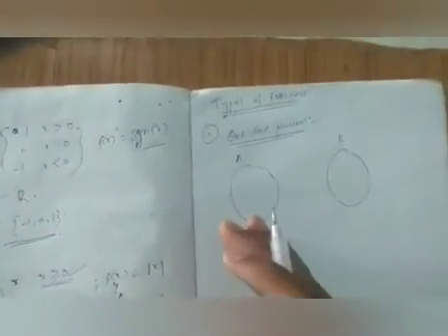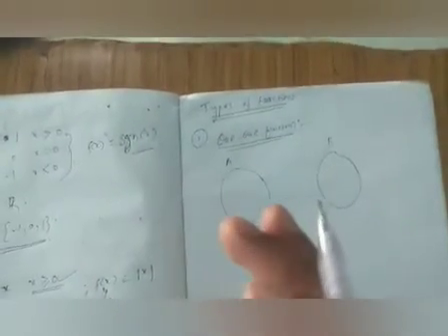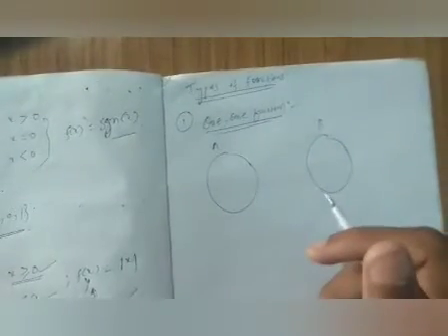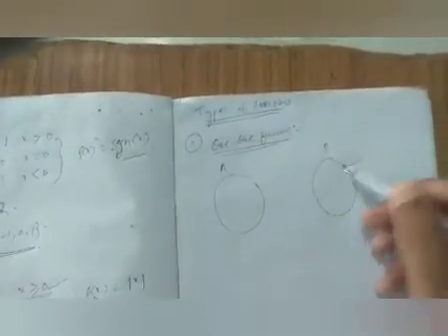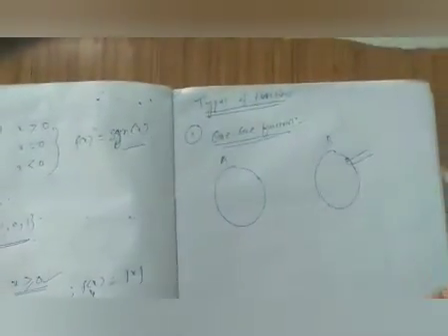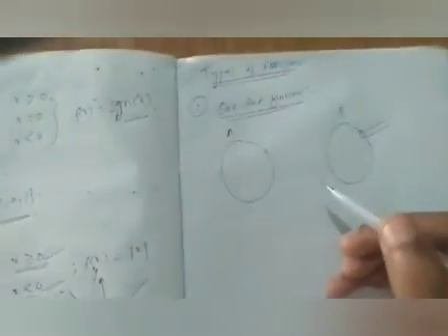So let us consider two sets A and B. Then a function is defined from set A to B. That particular function is one-one if and only if every element in B has a unique pre-image in A, right?